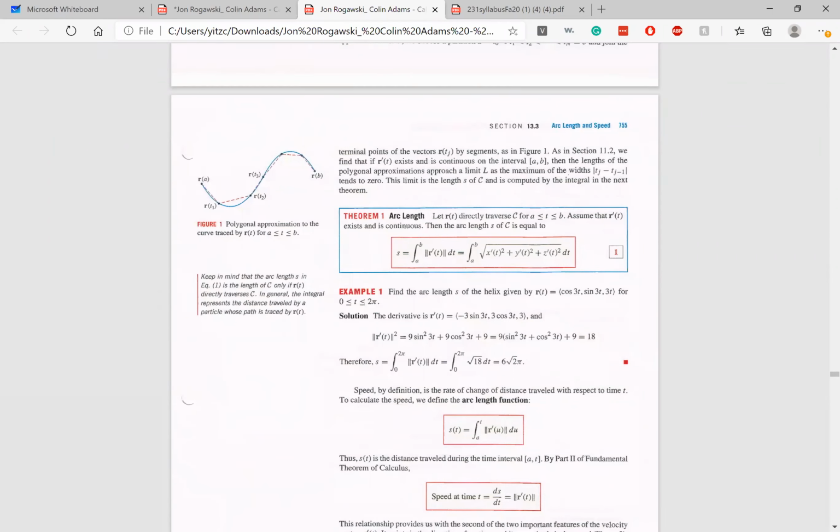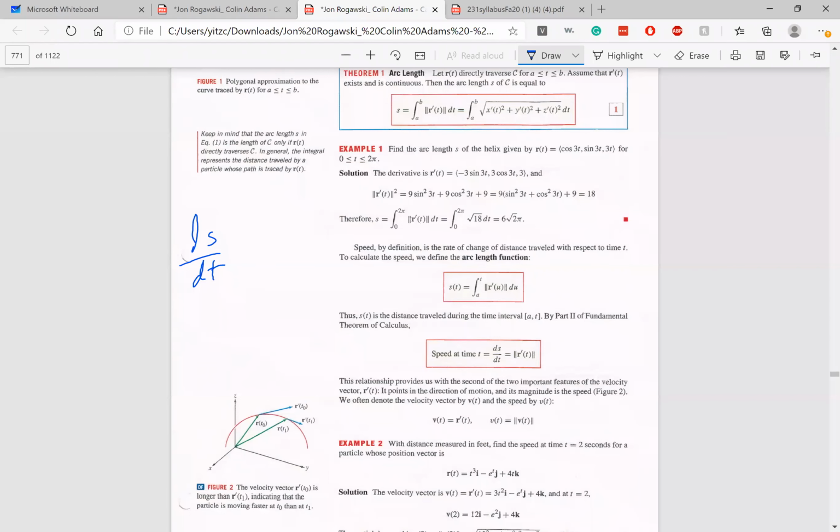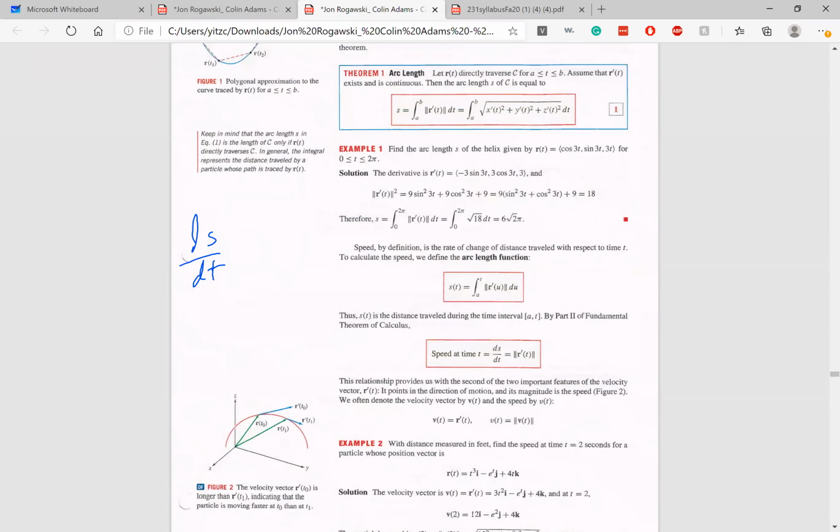Okay, so now we can try to figure out, what would ds over dt be? So ds over dt, what does this mean? Well, it means the change along the curve as you change t, which would be your speed. By the fundamental theorem of calculus, we can first write this equation.